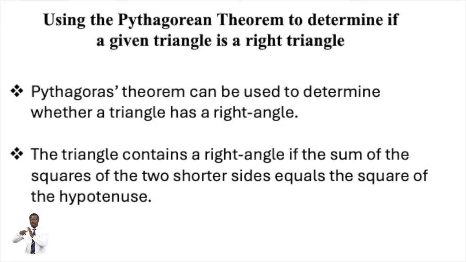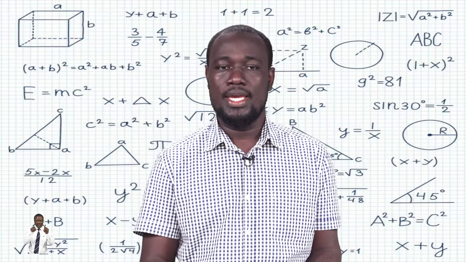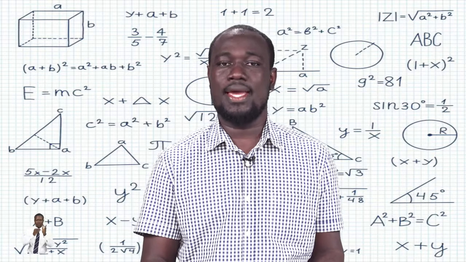I take that again. The triangle contains a right angle. And as I explained earlier, a right angle is an angle that is exactly 90 degrees. So the triangle contains a right angle if the sum of the squares of the shorter sides equals the square of the hypotenuse. And the hypotenuse here is the longest side.